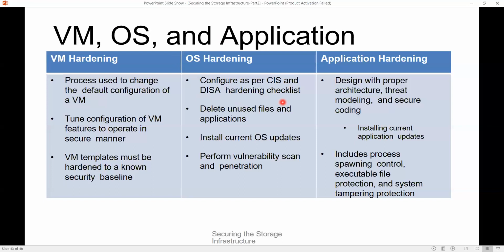We should install the current operating system updates, right? So there can be more security measures. So we need to update the operating system accordingly, right? Perform vulnerability scans and penetration tests in order to ensure that none of the network components is becoming vulnerable to threats.